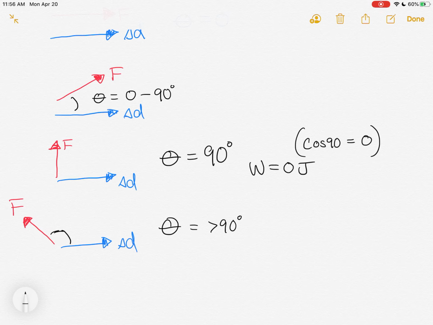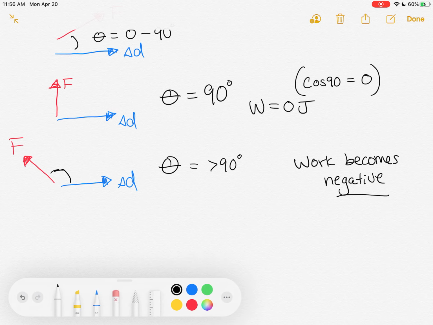It's an obtuse angle, so it's 110 degrees or 125 degrees, definitely not 180, but greater than 90 degrees. When this happens, the work actually becomes negative in value. And so that's a possibility. You can actually have negative work. That is absolutely a possibility.